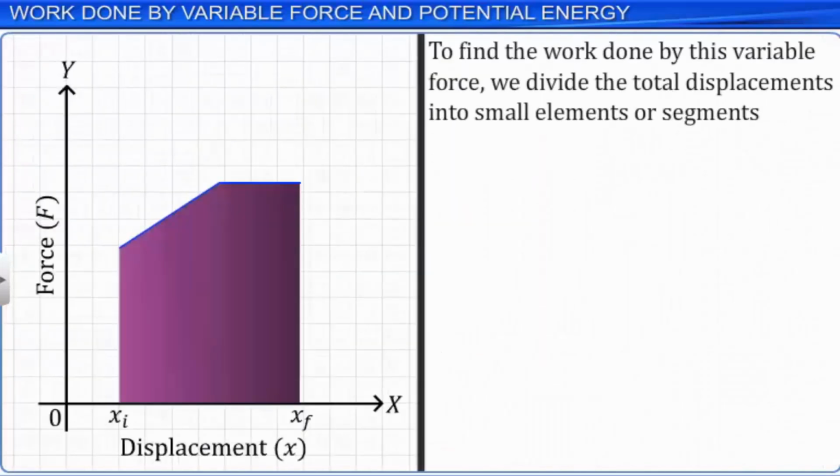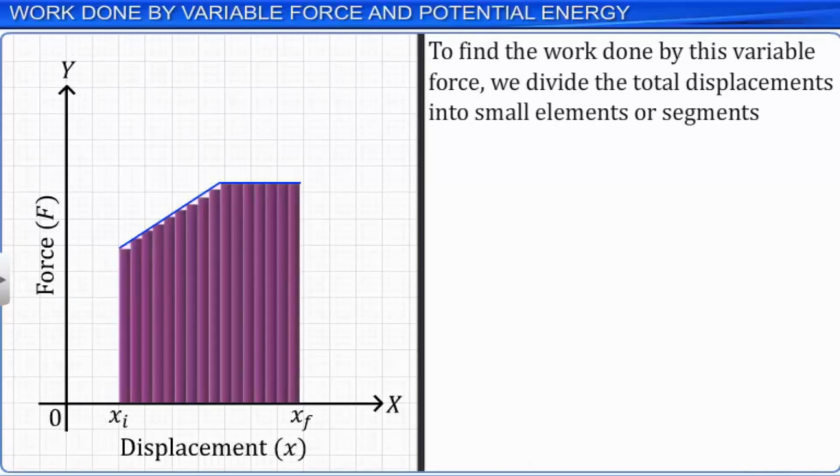To find the work done by this variable force, we divide the total displacements into n number of small elements or segments: delta x1, delta x2, delta x3, and so on till delta xn.